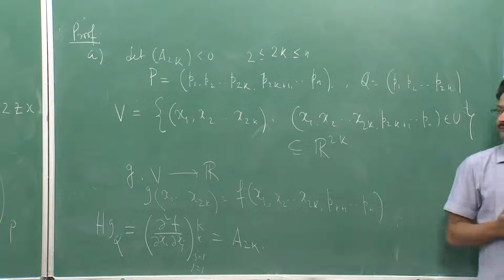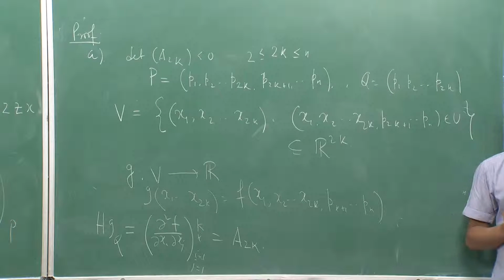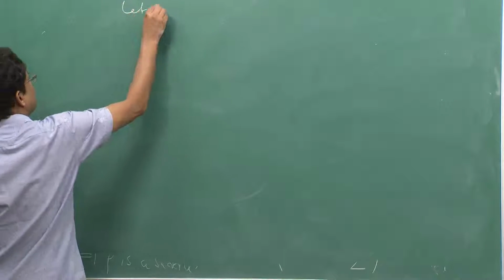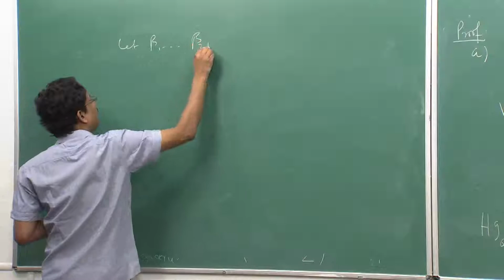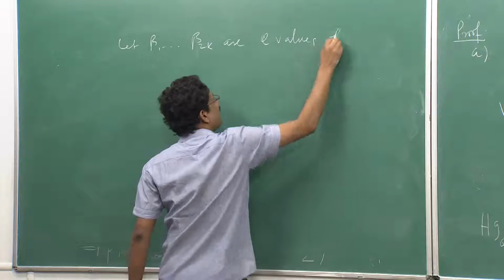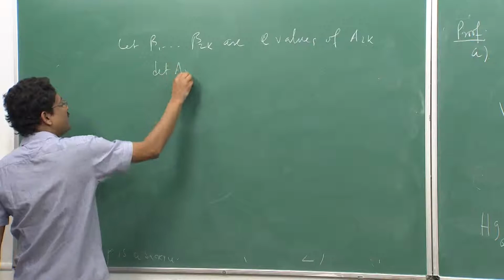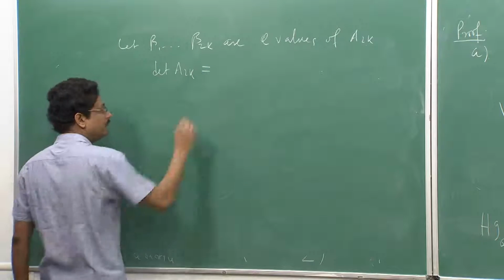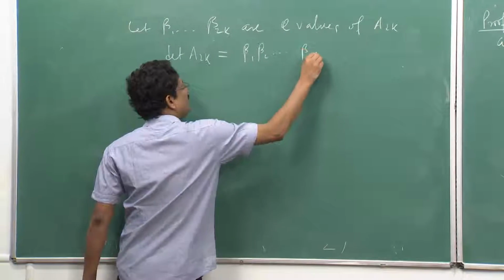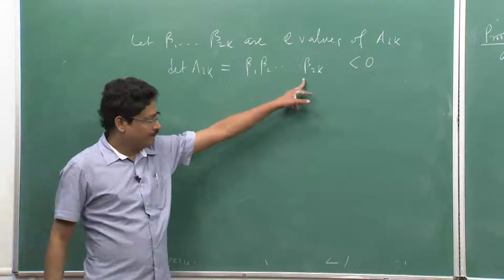So, now I know the determinant of A2k is given to be negative. A2k is a real symmetric matrix. So, let beta 1, beta 2, ..., beta 2k be the eigenvalues of A2k. All of you know this result: for a symmetric matrix, the determinant is the product of the eigenvalues. 2k is an even number.